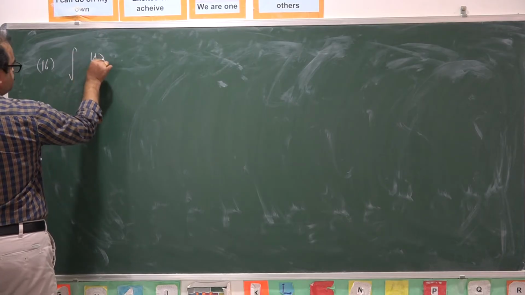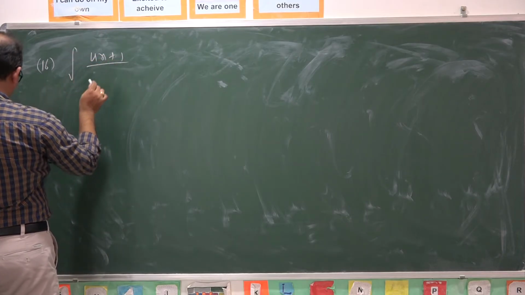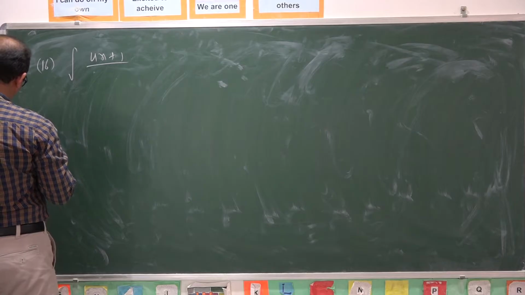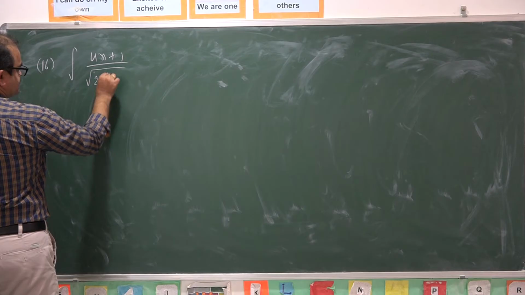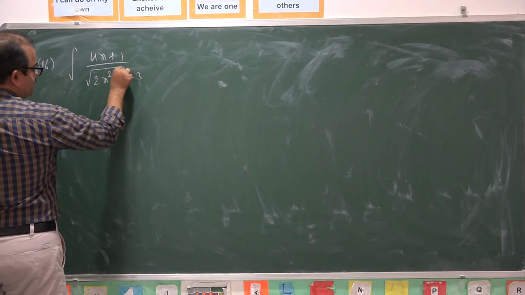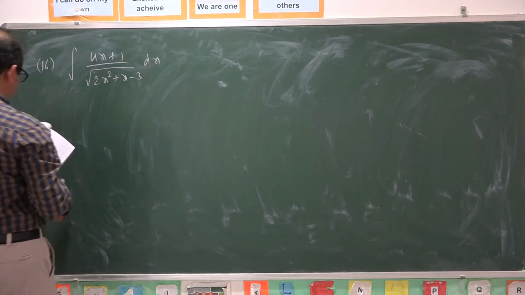Integral (4x plus 1) by root of (2x square plus x minus 3) into dx.